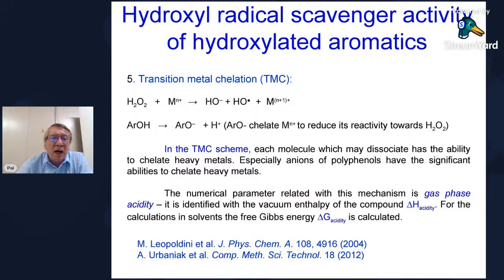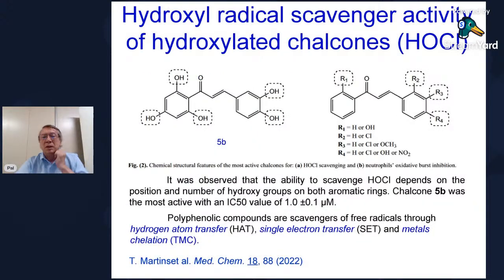So these are the five most common mechanisms of action by which the hydroxylated aromatics, including hydroxyl substituted flavonoids and chalcones, can exert their antioxidant capacity.